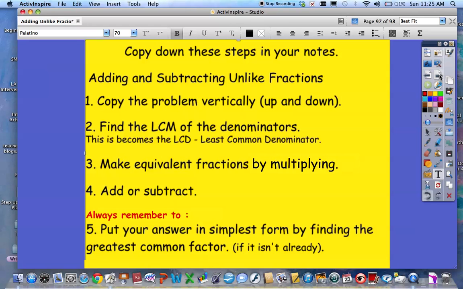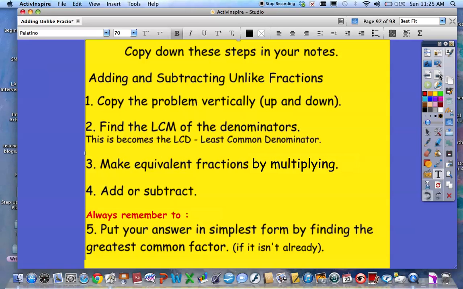Then you take those common denominators, math ninjas, and do what? Make equivalent fractions by multiplying. Whatever you did to the bottom, you must also do to the top. Once you've multiplied, you have now made fractions that have the same denominator. So you can just add or subtract.